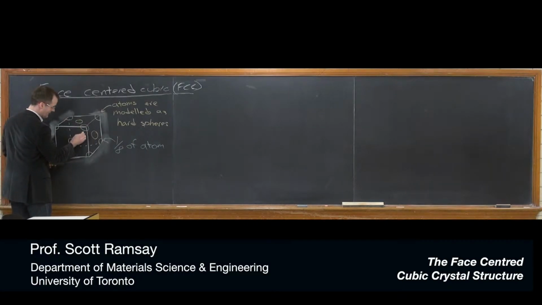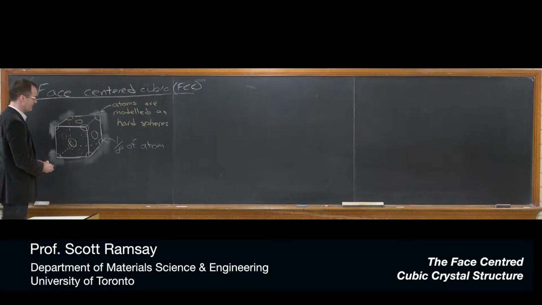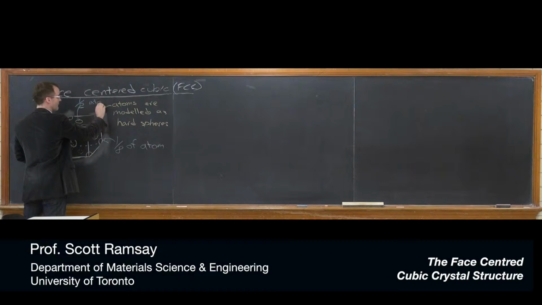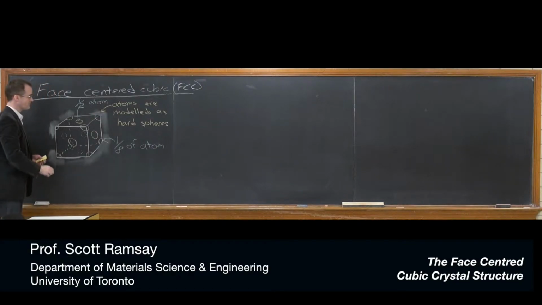So there's one on the back, one on the bottom, and one on the left side face. And so those face-centered atoms are circles right in the very center, so they're sliced in half. And so we're only interested in half of the sphere, or half of the atom. Half of the atom is inside the cube.